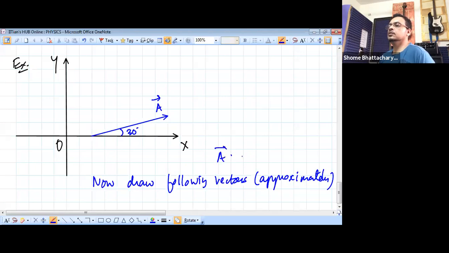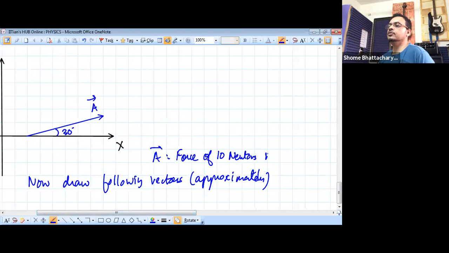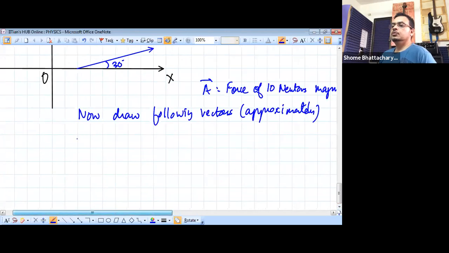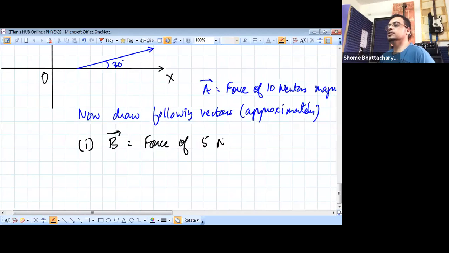So A is, let's say, a force of 10 Newton magnitude. So it's a force which has magnitude of 10 newtons. Now we want to draw the following vectors. So we want to draw the vector B, which is a force of 5 newtons and perpendicular to A in the XY plane.